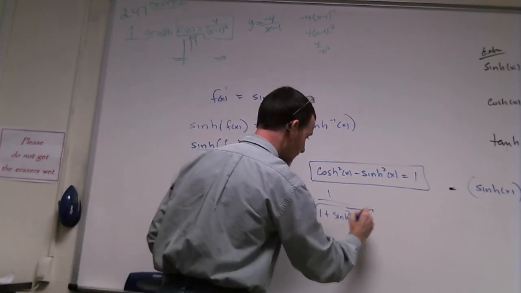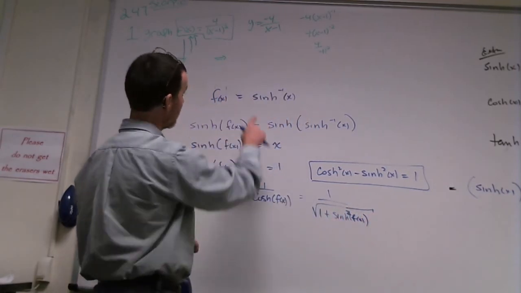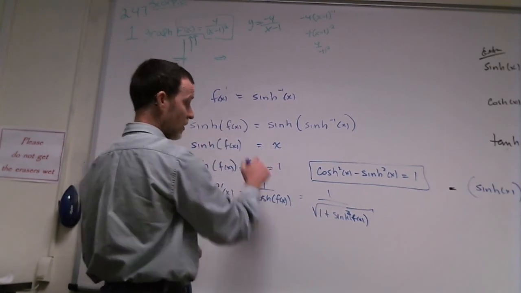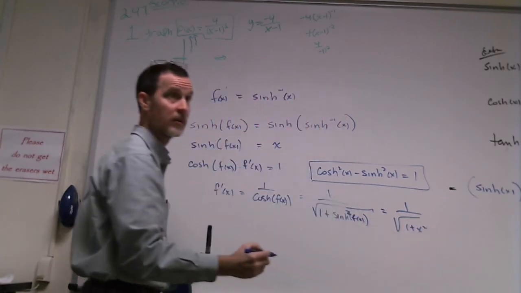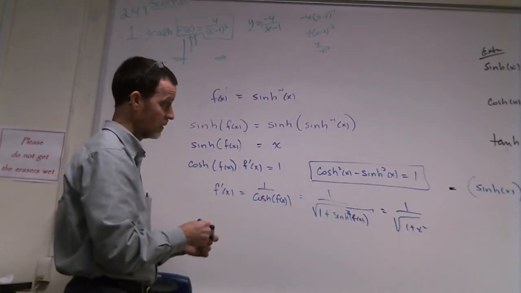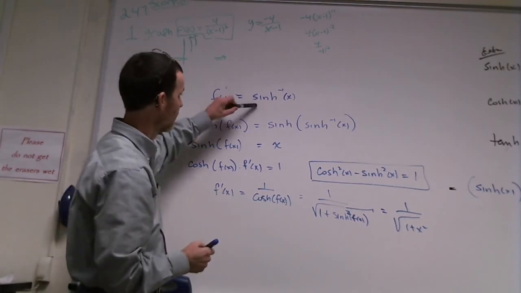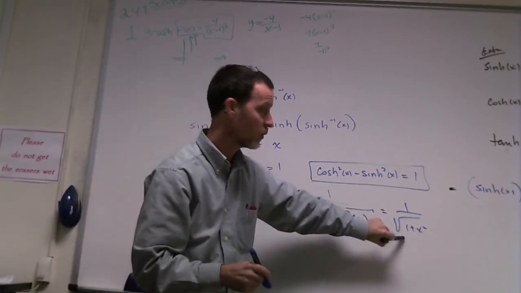We don't know what sinh of x is, but we do know what sinh of f of x is, right? So sinh of f of x is x. Aha. 1 over the square root of 1 plus x squared. So that proves that the derivative of this guy is just 1 over the square root of 1 plus x squared.